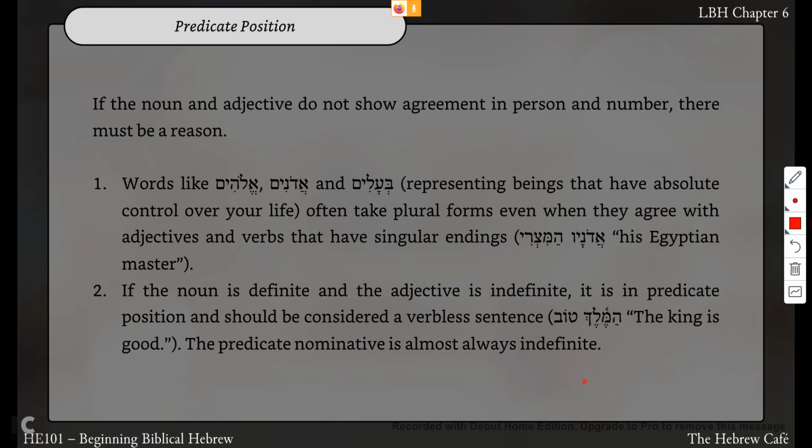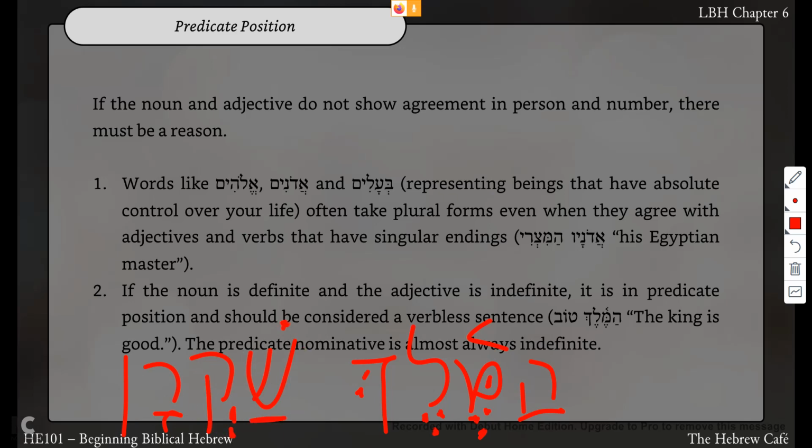Okay? So the predicate nominative is almost always indefinite. That would be, if this was a noun, it would normally be indefinite. So if you say, the king is a liar, HaMelech is the king, Shakran, liar.